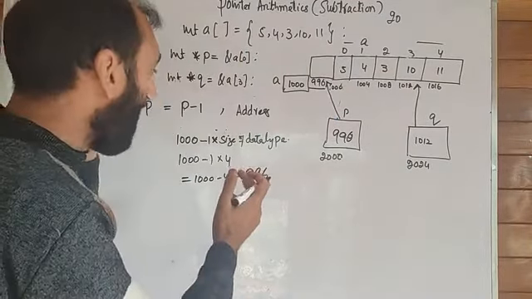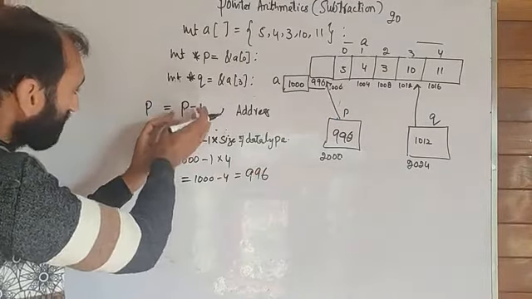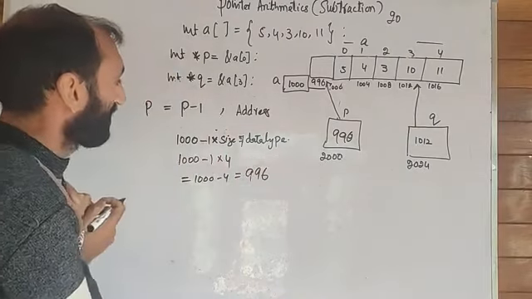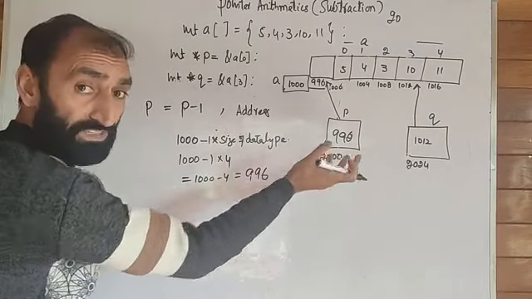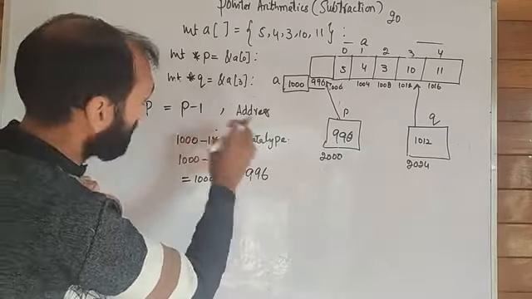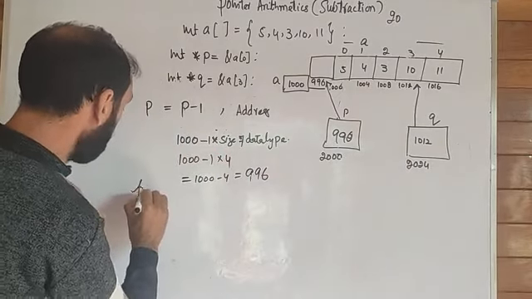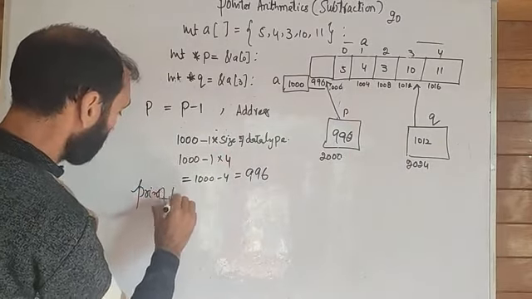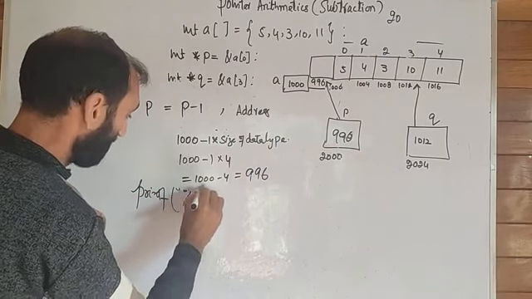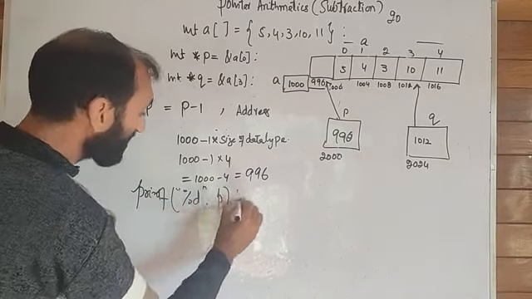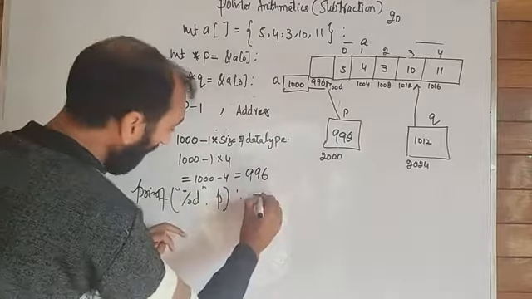This returns an address, not a value, not the integer. For example, print %d of P. Now execute this instruction.